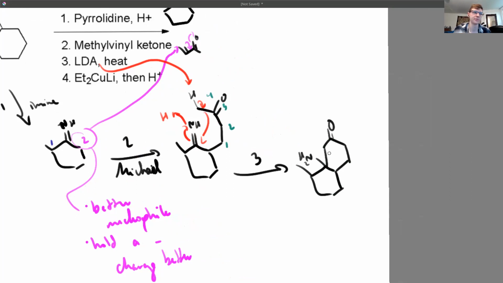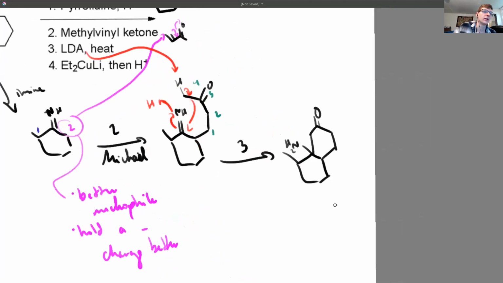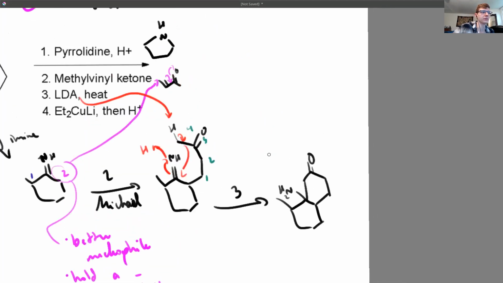Something like that. So that's one possibility. Okay, this is the red path.